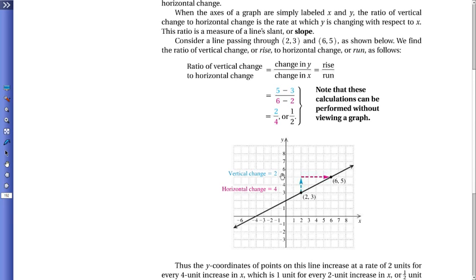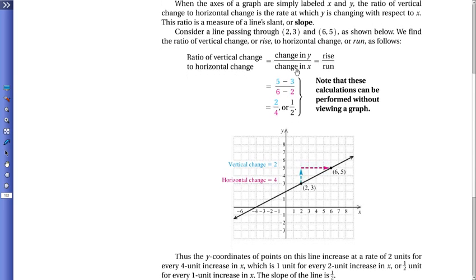And they tend to give you those kinds of things so you can see more easily what's going on. So the ratio, or basically the vertical change in y to the horizontal change in x, rise over run, we're going to call that slope.